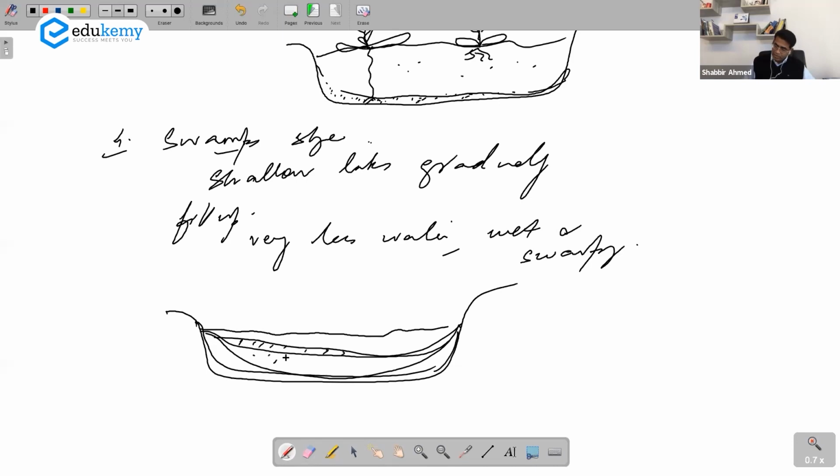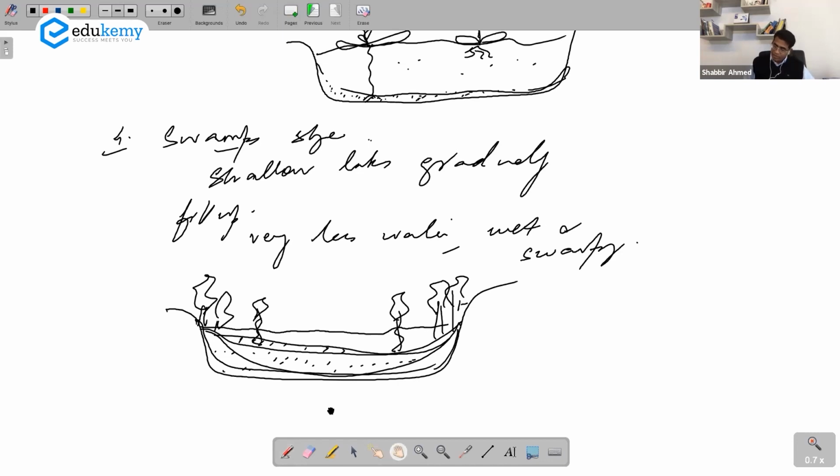These are the layers of sediments which have formed. You can have some trees here. Something has grown from here. You can have trees, some bushes here. Okay, there can be floaters.